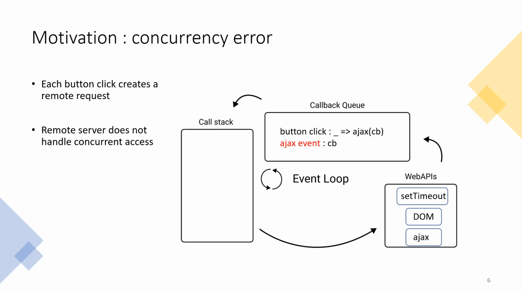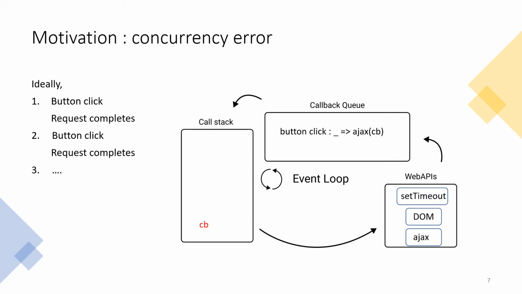After the button is clicked, an AJAX request is sent. A callback is registered to wait for the AJAX event. However, the remote server may not be equipped to handle multiple concurrent requests, which can lead to a server error. Normally, if the AJAX request completes quickly, there will not be any problem.